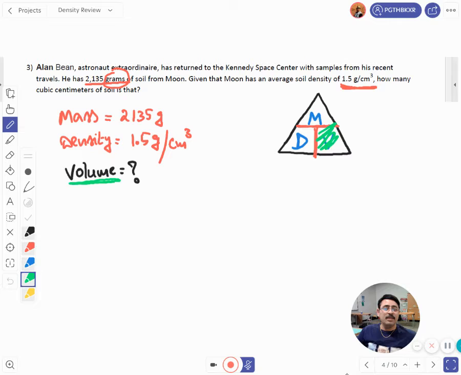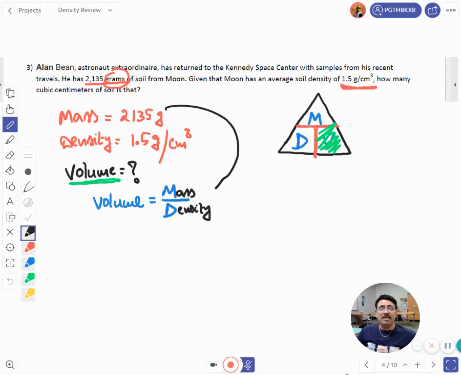Therefore, if you strike it out, then volume equals a fraction, which is m over d, which means mass over density. Once you write the formula, just plug in these numbers: mass here, and density goes to the denominator.